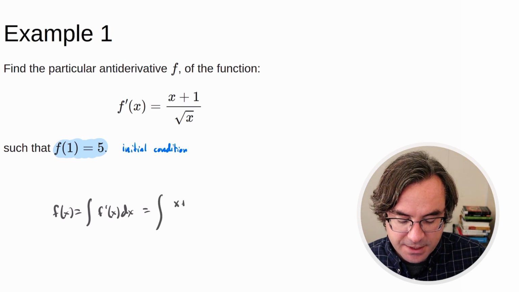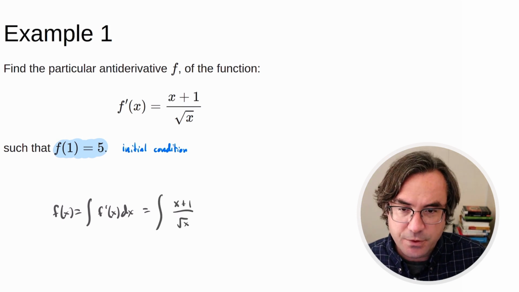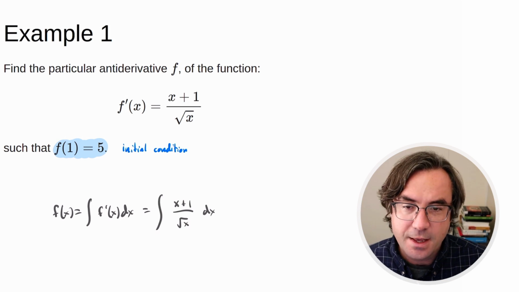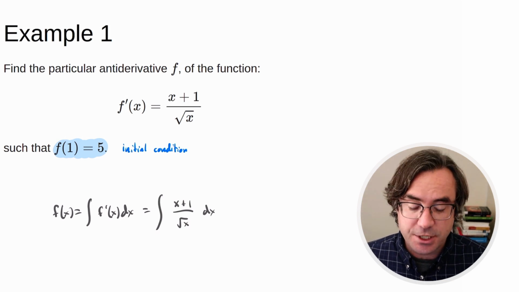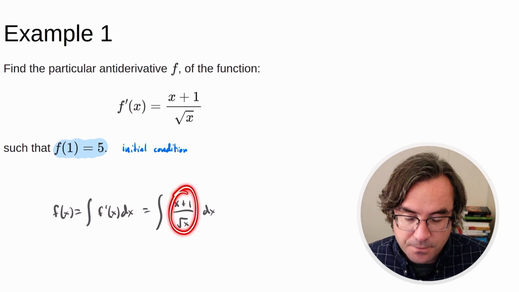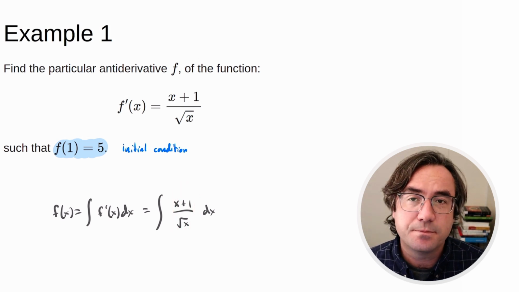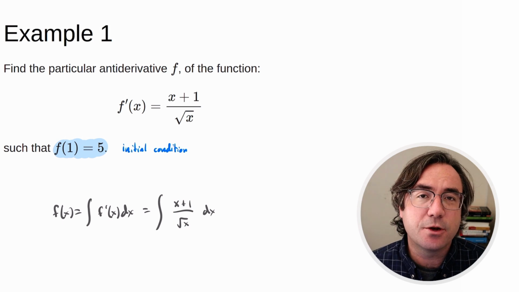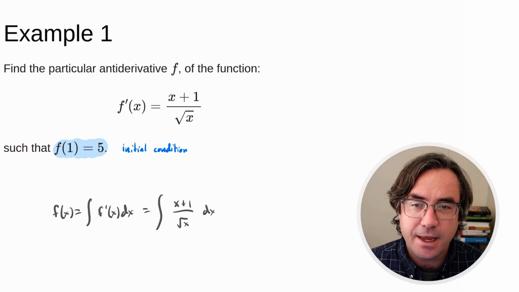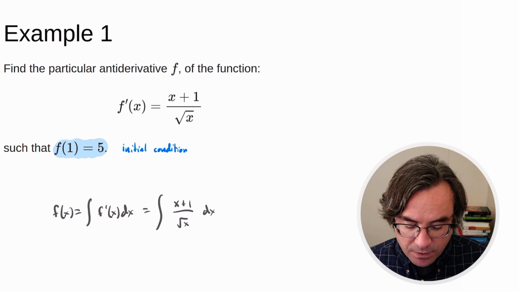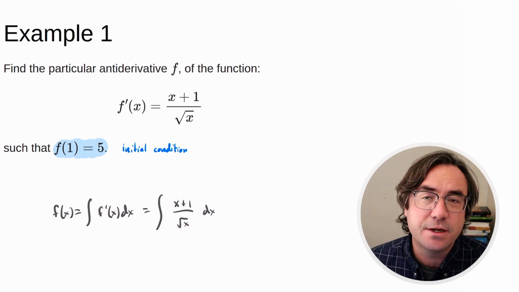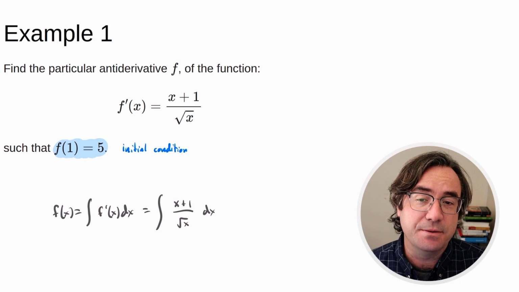So we're going to have the integral of x plus 1 over square root x. To help us with the integration, this isn't one of our basic form antiderivatives, so we've got to do a little bit of rewriting here. Our strategy, as we've seen before when we have a fraction, is to actually do the division.